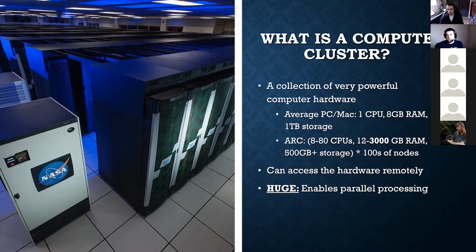The ARC cluster has over 1,200 of these different nodes, and each of those nodes has between 8 to 80 processors instead of the one in your computer. They can range between 12 gigabytes and 3,000 gigabytes of RAM, of actual memory to use. And if you sign up for this server, you're given 500 gigabytes of storage as well.